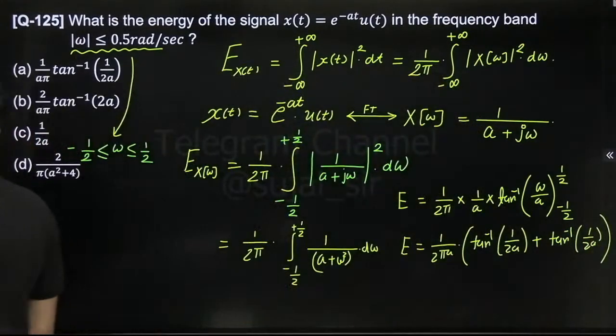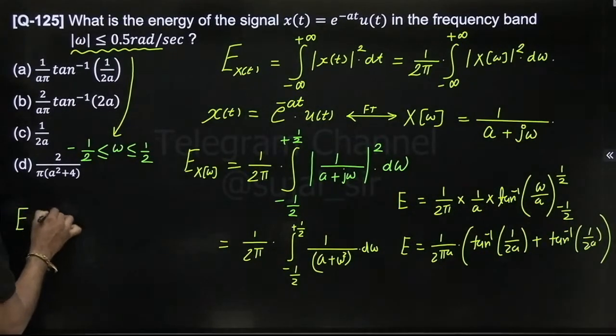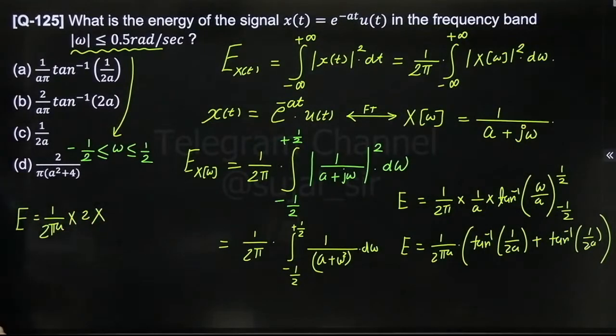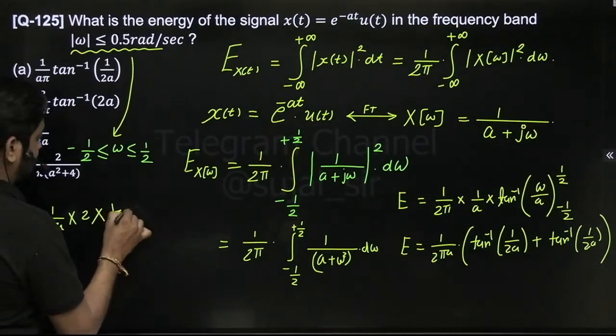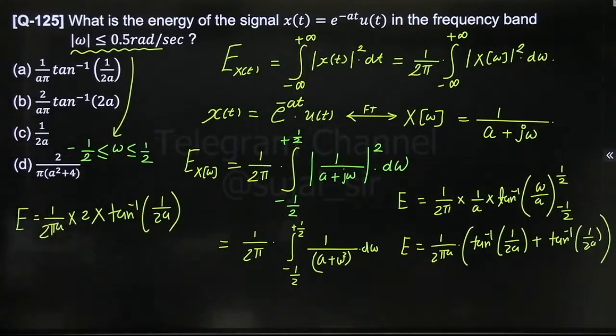So the energy is nothing but 1 upon 2 pi a into 2 times tan inverse 1 upon 2a. The 2 cancels out. So the right answer is option A. Option A is the correct answer of this question.